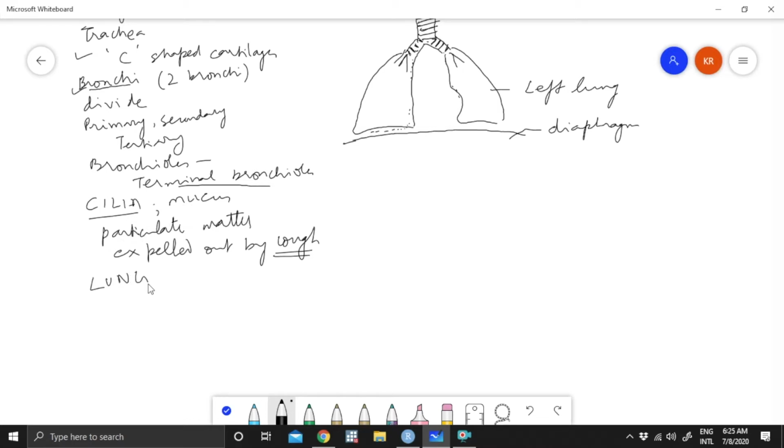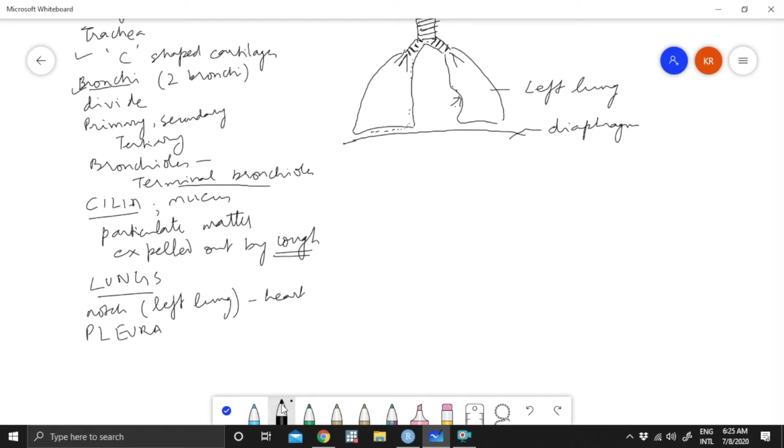Then we have the two lungs. So you can see over here there is a notch on the left lung, notch in left lung to accommodate the heart, and the lungs are covered by pleura.